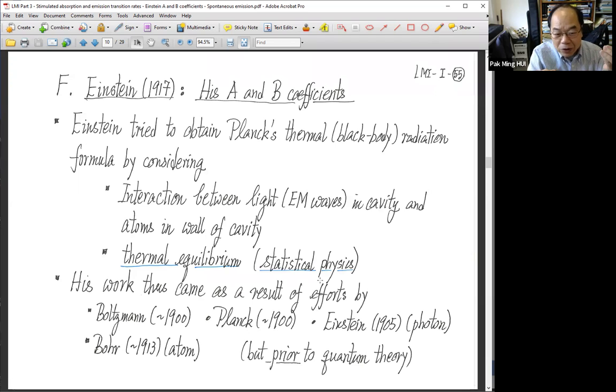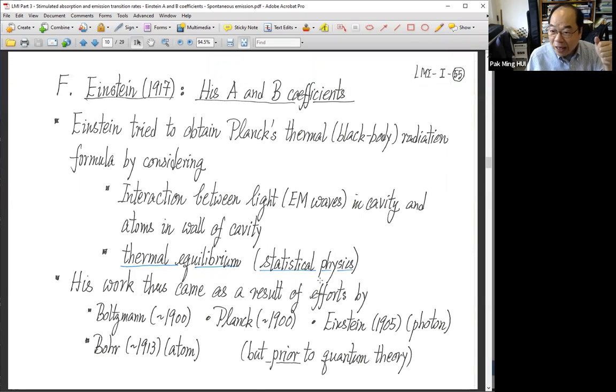Then he could give us a relationship between spontaneous emission and stimulated emission. But we know the formula for stimulated emission, therefore, using his answer, we can get at the formula for spontaneous emission. So it is killing two birds with one stone.